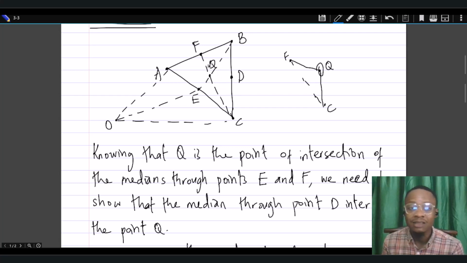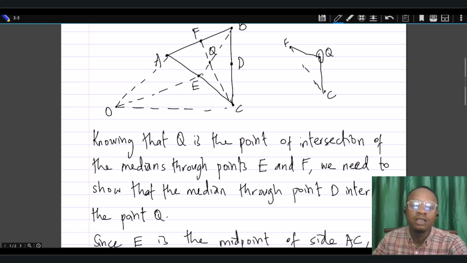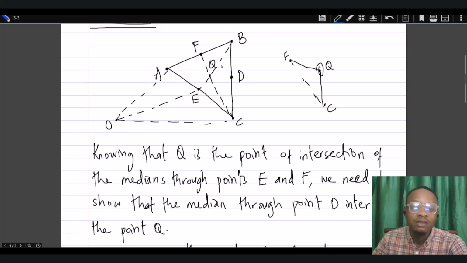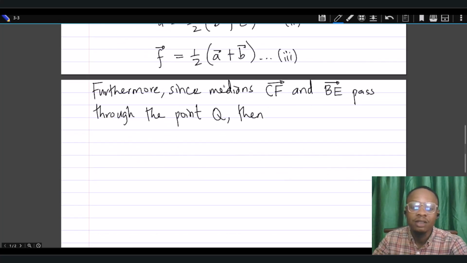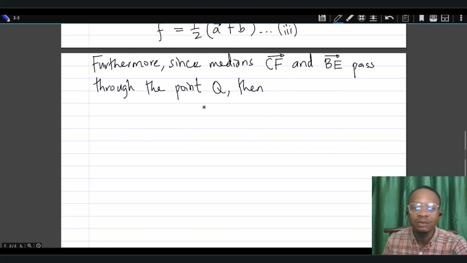So we have taken that into consideration already. When we say that these two are collinear, that means we are already recognizing that Q lies on the line from C to F. So we now say that CQ and CF are collinear. So that is one statement.